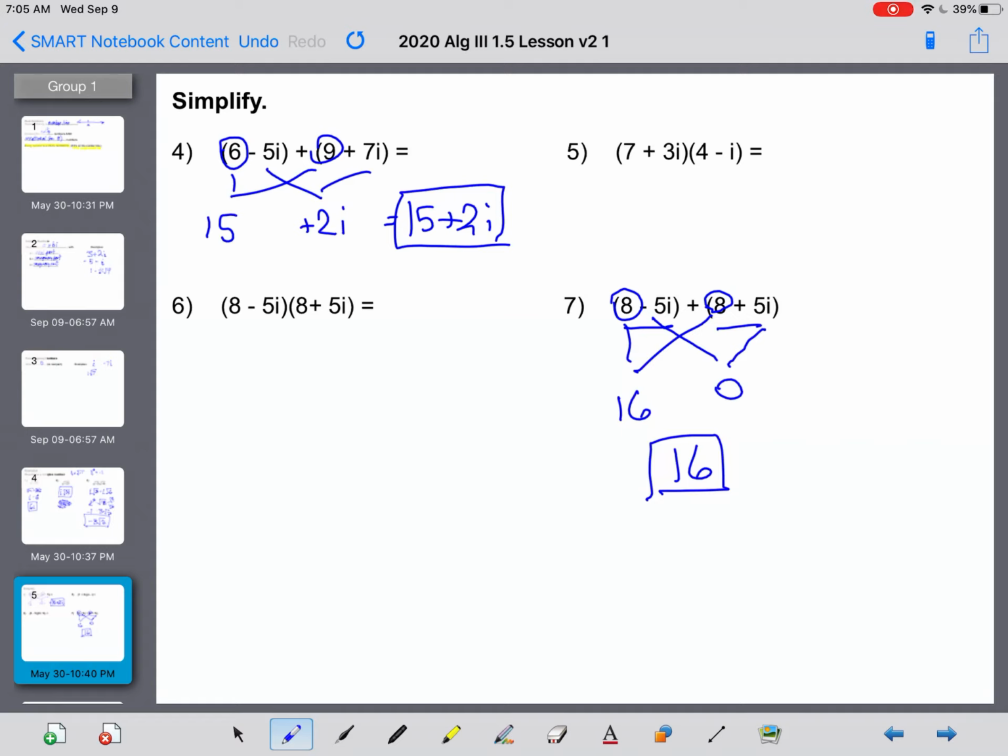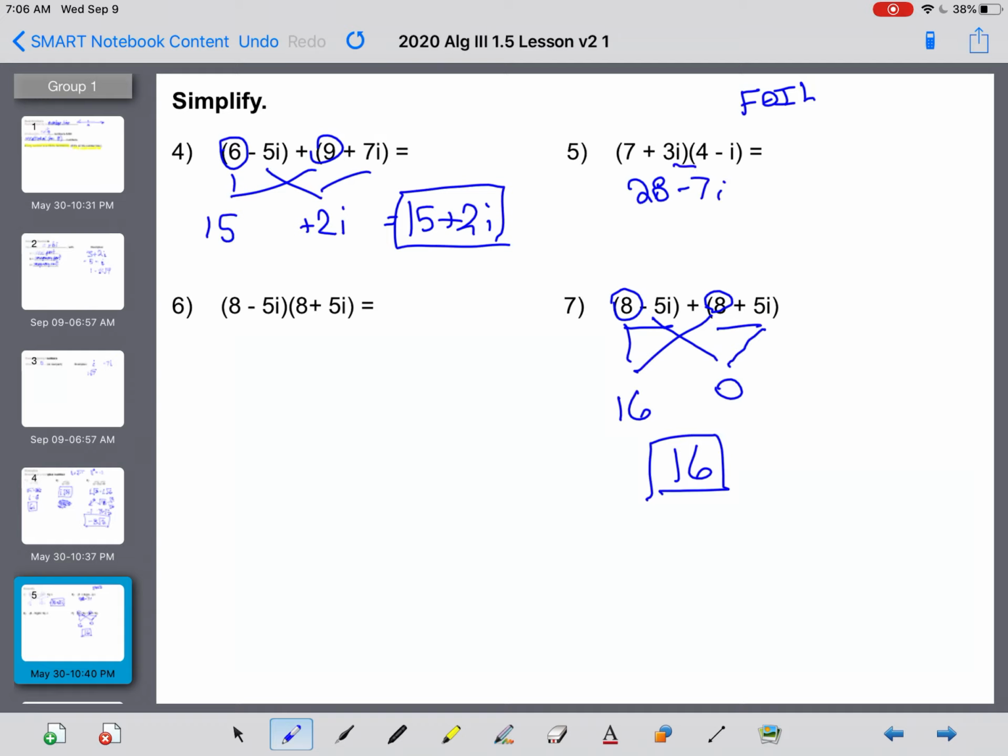Let's go ahead here, take a look at number 5. We have some foiling going on here, so I'm going to write FOIL. So again, that's first times first, outsides multiplied, insides multiplied, and last times last. So if I go first times first, I get 28. If I do my outsides, I get negative 7i.